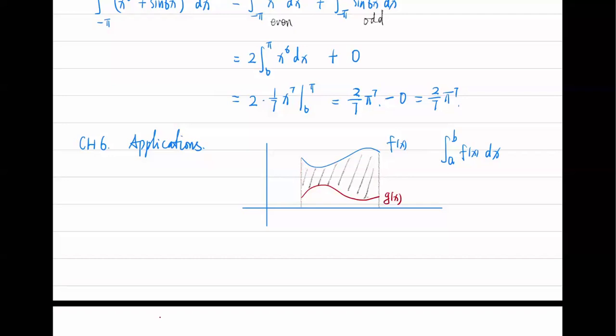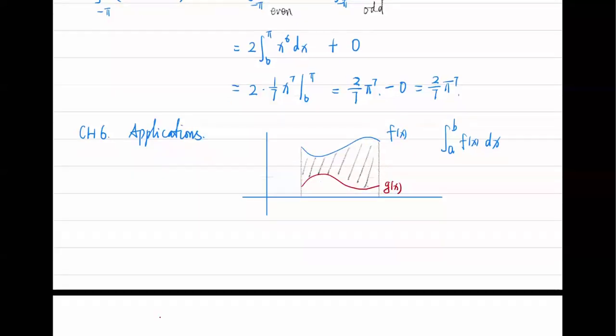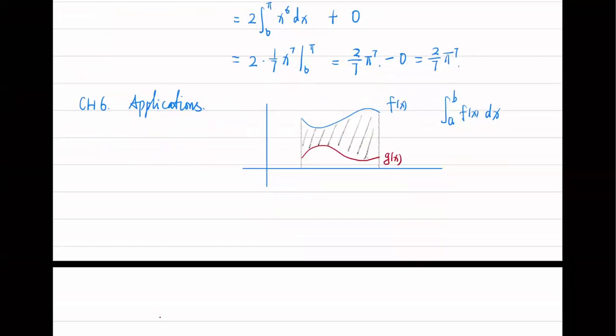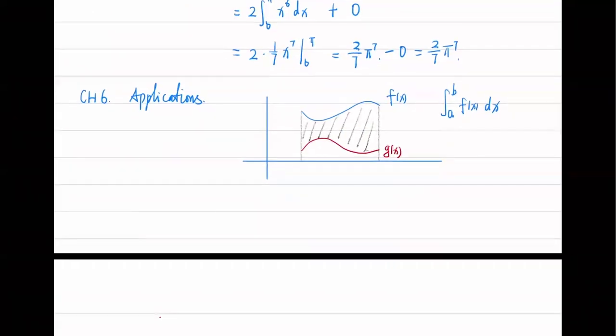Okay, so there are different ways to explain this. We can view this as the total area minus the smaller area. Okay, that's a very simple formula, under the assumption that f(x) is bigger than g(x) on this interval.